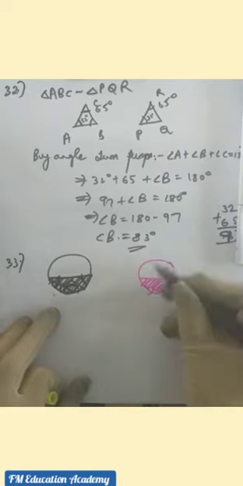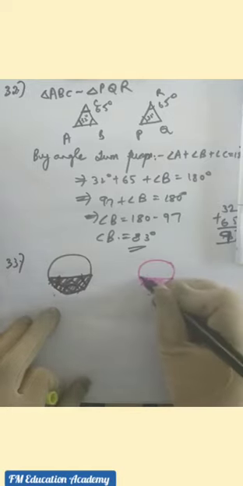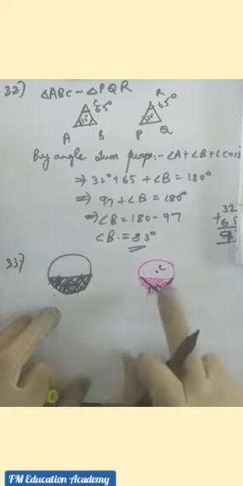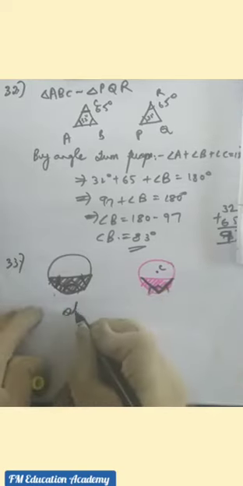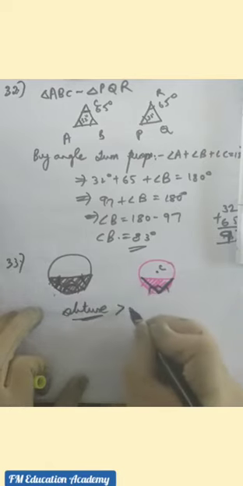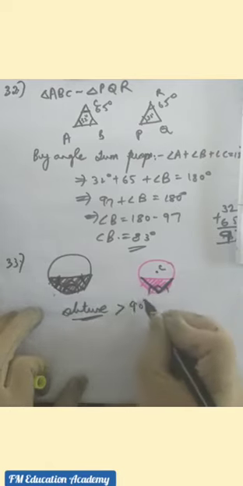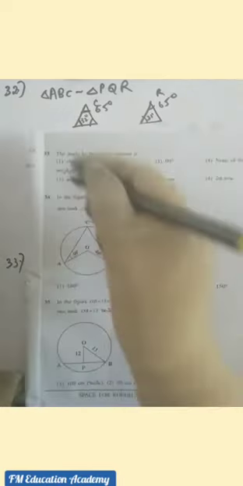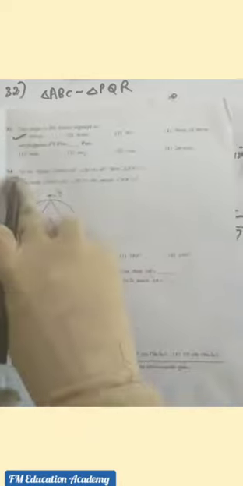If the center is subtending a right angle, this is 90. Then what is the remaining angle? More than 90. So we can say any angle in a minor segment will be how much? Obtuse, that is more than 90 degree. Remember that. Or it will be less than 180 degree. So the answer is obtuse.